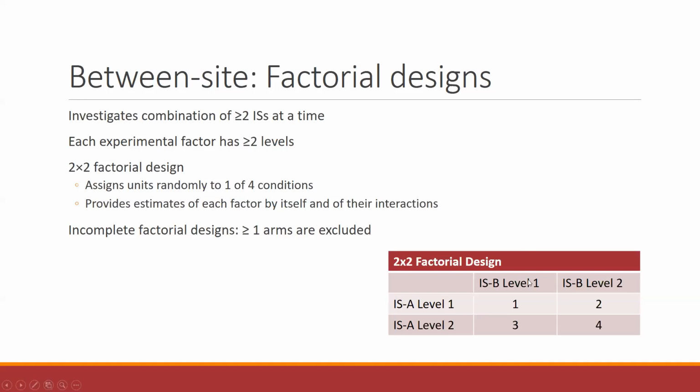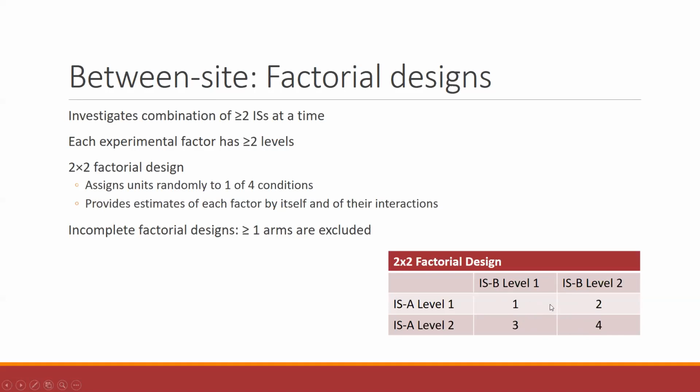Have one implementation strategy in two different forms or two different intensities, and same thing for another implementation strategy. So this is implementation strategy A or B, and two different levels therein. And you would then assign, perhaps randomly, your units, your organizations, your hospitals, your work units to one of these combinations.